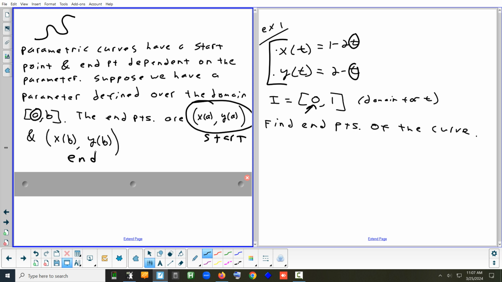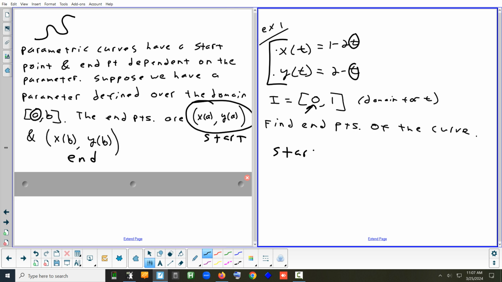So let's try that on this one. Okay, so for T, what is my T-min? What's the lowest value that they're telling me I can plug in for T? 0. So to find where this curve starts, you are going to plug 0 into both formulas.